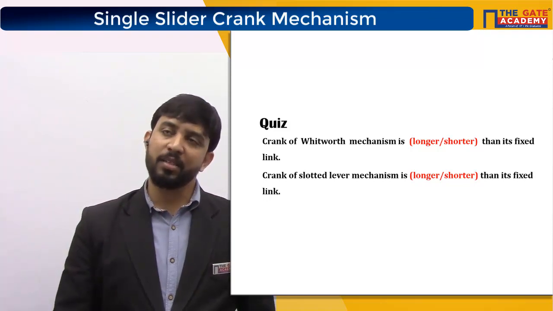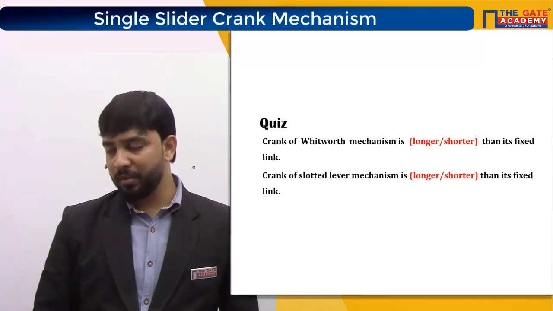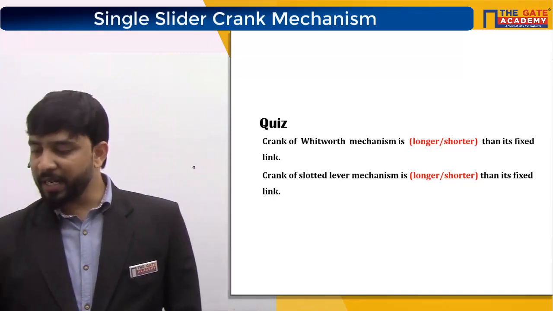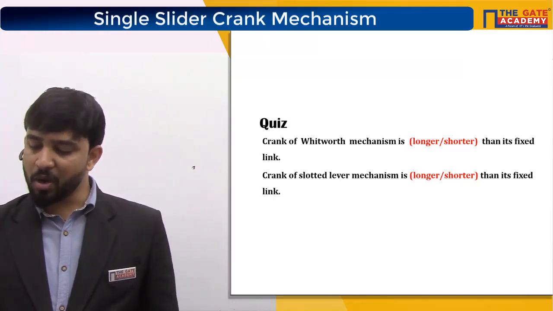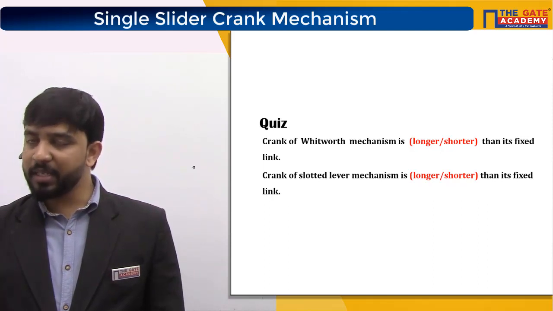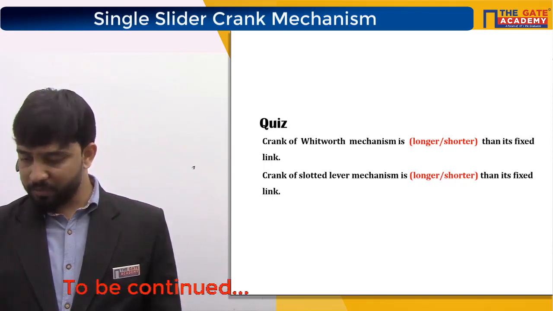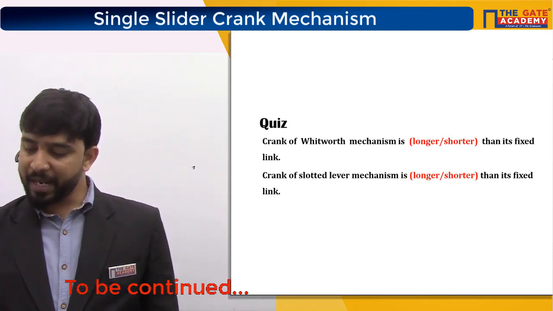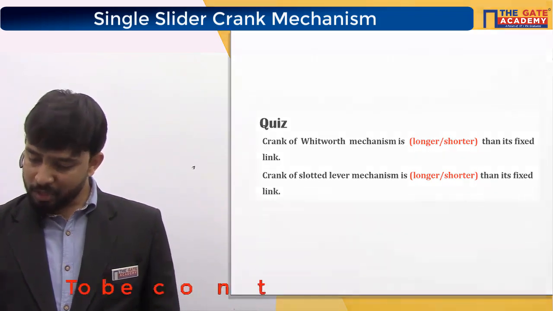Alpha depends upon the length of links. The crank of the Whitworth mechanism is longer than its fixed link. And the crank of the slotted bar mechanism is shorter than its fixed link.